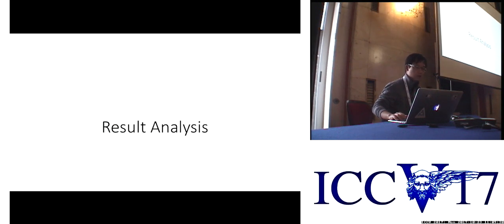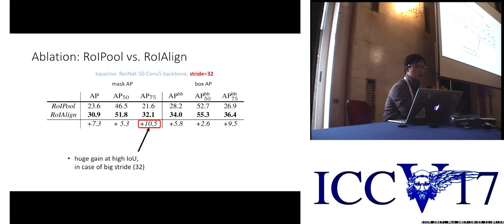Next, I'm going to very briefly analyze the results of the Mask RCNN system. In the first ablation experiment, I'm going to show the comparison between ROI pool and ROI align. Here I use a very extreme backbone, which has a stride of 32.